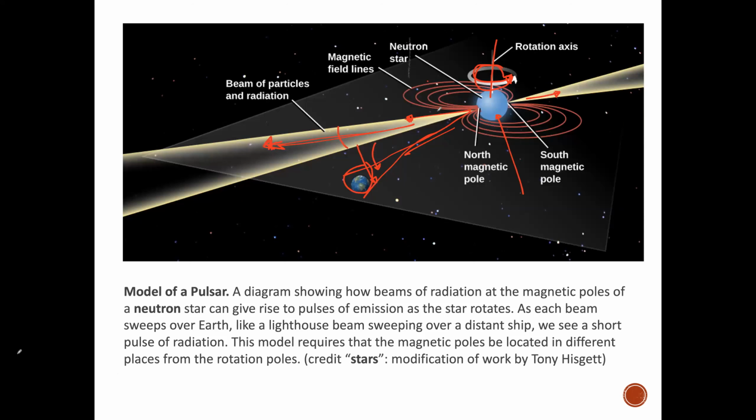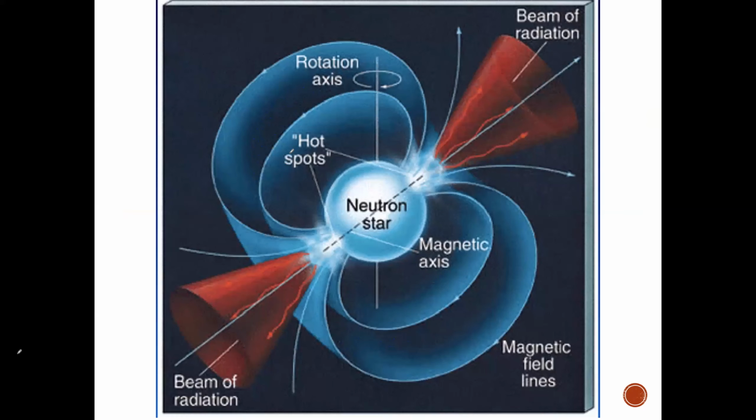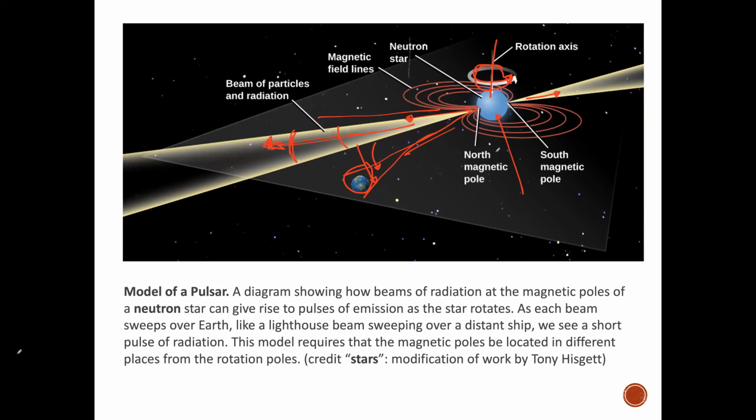As you can see here, here is the pulsar. As this region emits, you may detect the pulsar, you may not, but the neutron star is still there. Now, this is why we say that all pulsars are neutron stars, but all neutron stars may not be pulsars, right?